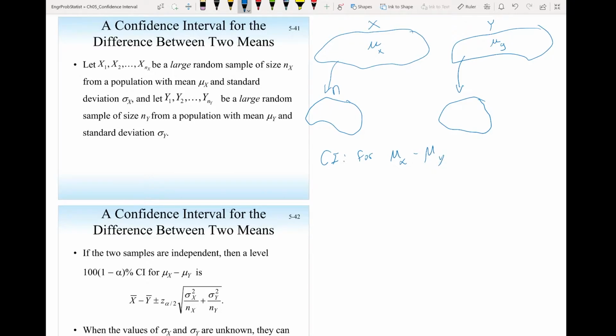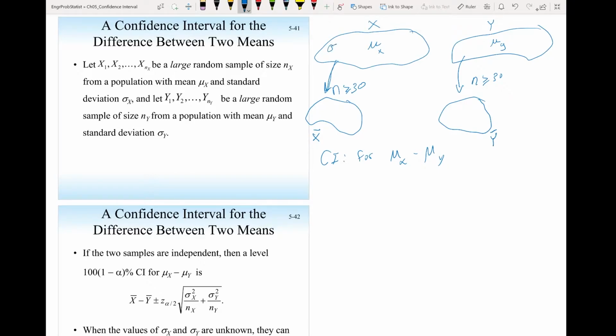As we did before, we take a sample from this population, usually larger or equal to 30 samples, and same thing here, equal or larger than 30. They don't need to be the same, but they have to be larger than 30. Then we find the sample mean here x bar and the sample mean here y bar.